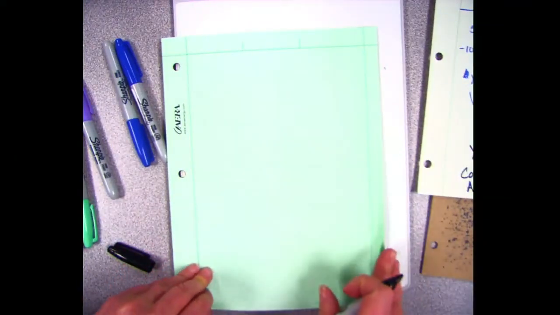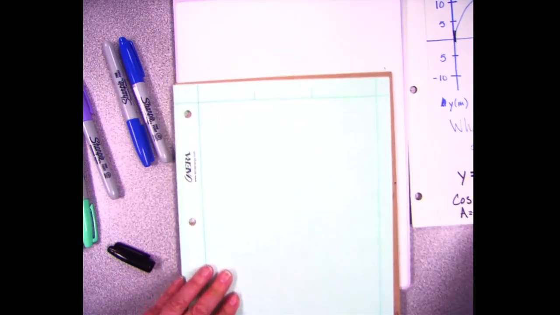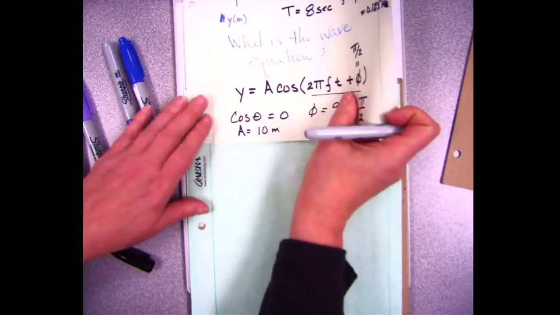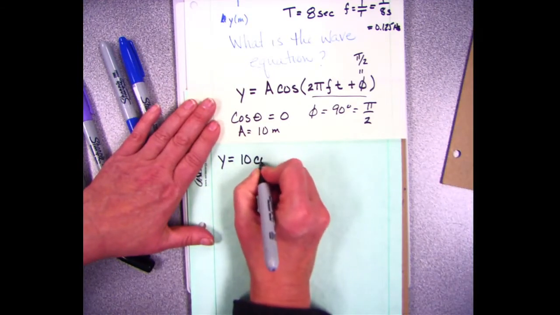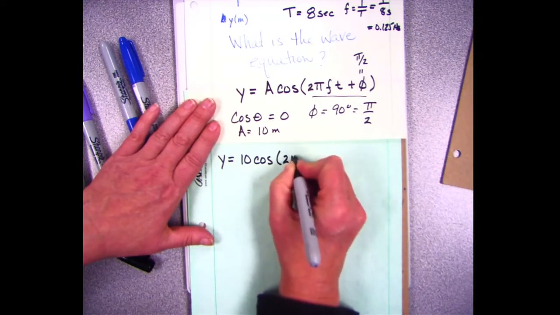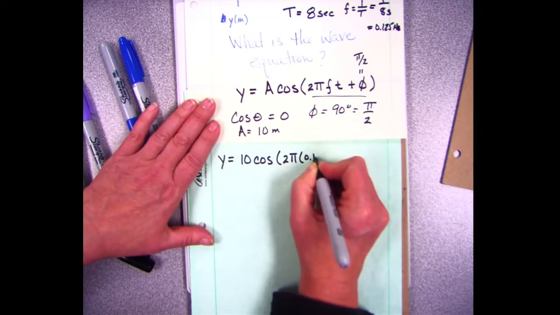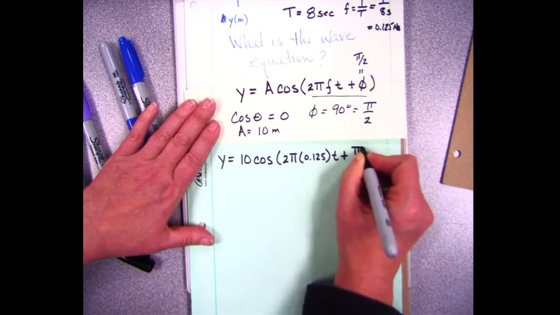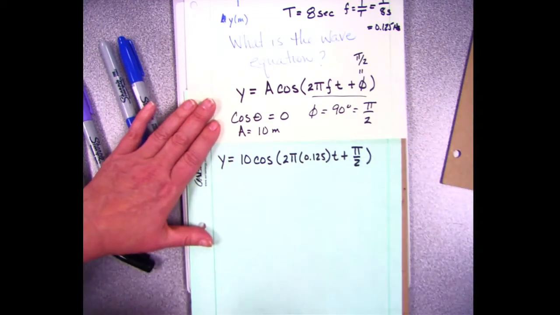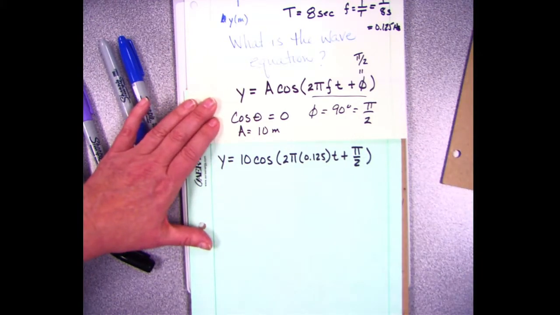I'm going to get a piece of paper here, and slide this down. So now I'm going to write the equation. y equals 10 cosine(2 pi times 0.125 t plus pi over 2) is my raw wave equation.